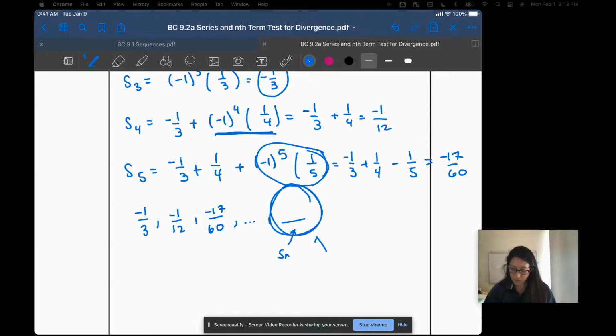That way I don't have to always come up with the nth term of the sequence. Before we look at these shortcut rules, we're going to come back to this. We're just going to set that aside.